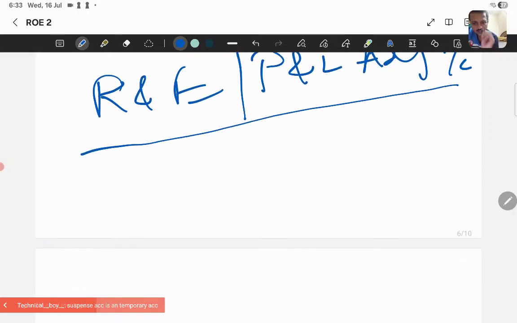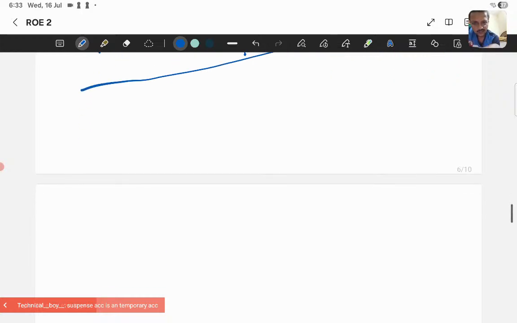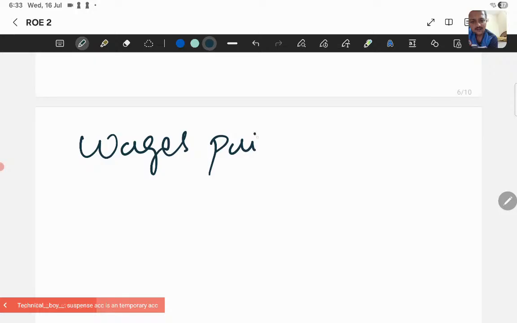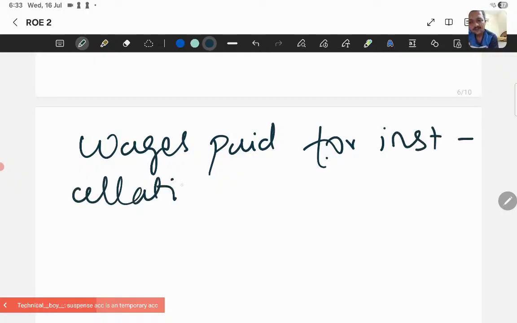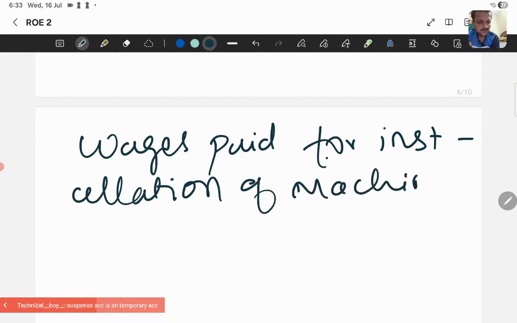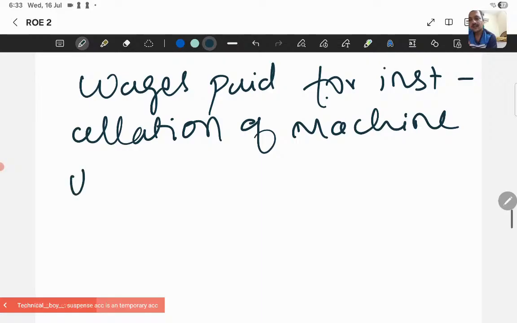Okay. For example, there is a transaction. What is the transaction? Now, wages paid for installation of machine debited to which account?